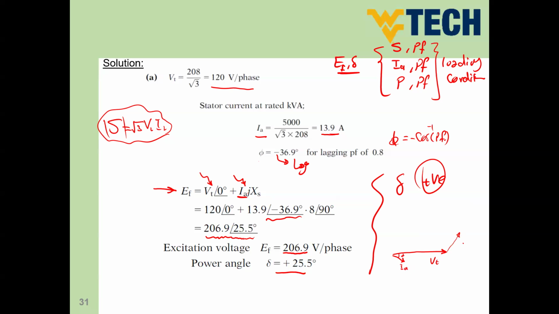So this is JIA times XS, and this is the value of EF, and we can say this is delta equals 25.5 degrees. Take care, guys, that IA and JXS have to be at a right angle. Okay, so this is EF, and let's call this EF1, IA1, V terminal. I think V terminal is going to be the same. So JIAXS1, delta 1, and this is phi 1, because this is case number 1, our loading condition. Okay, so this is the phasor diagram.